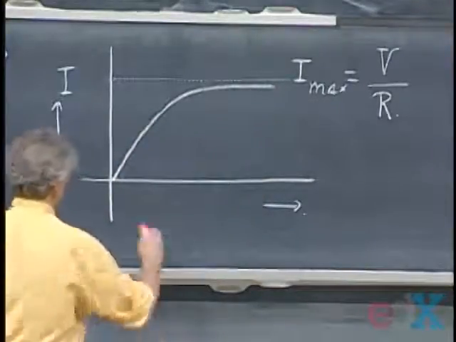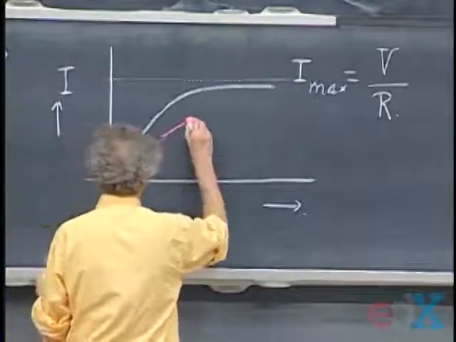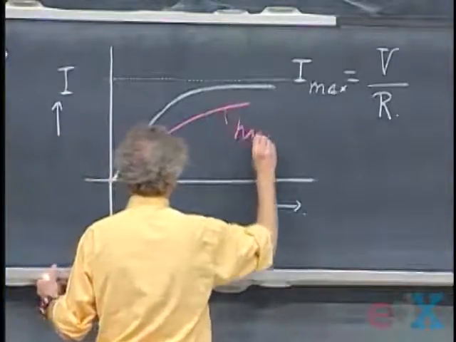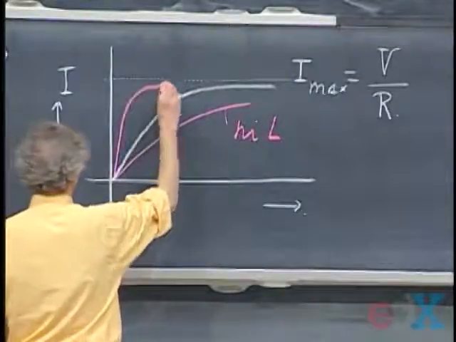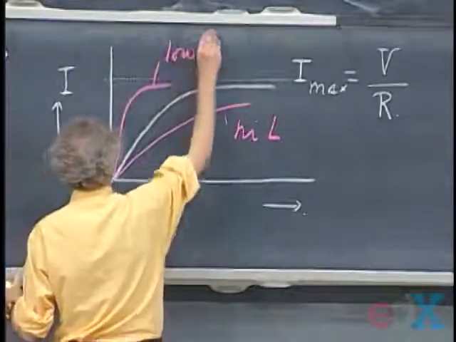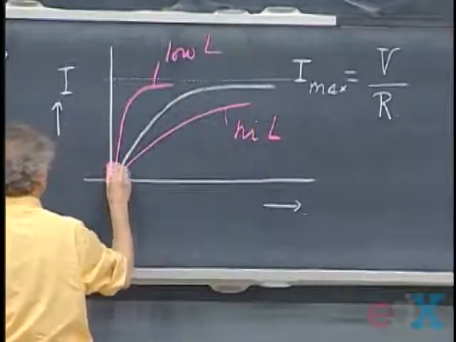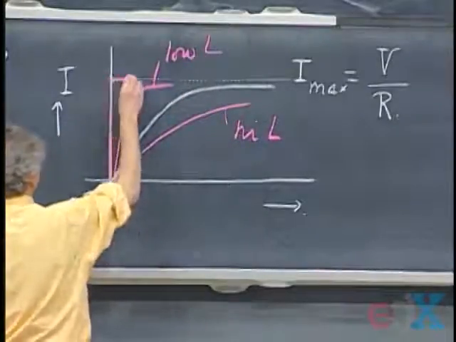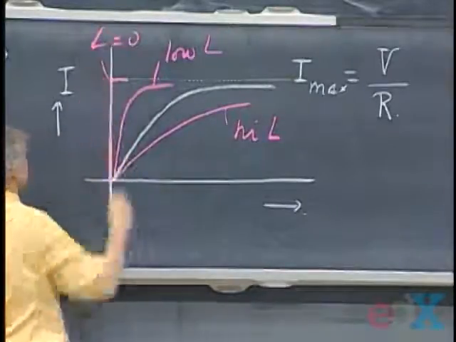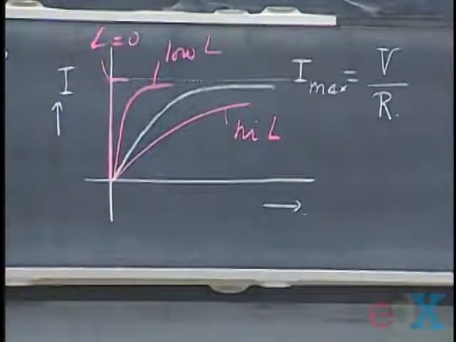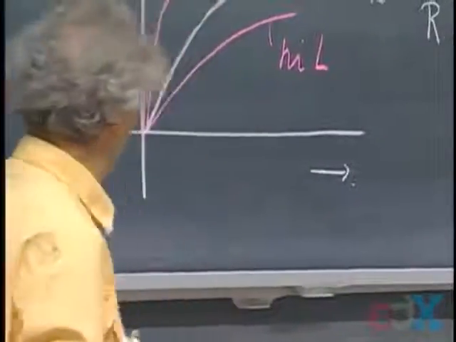If the self-inductance is very high, it might climb up like this, so this is a high value for L. If the self-inductance is very low, that is a low value for L. If the self-inductance were 0, it would come up instantaneously. But I just convinced you that there is no such thing as zero self-inductance. There's always something finite, no matter how small.